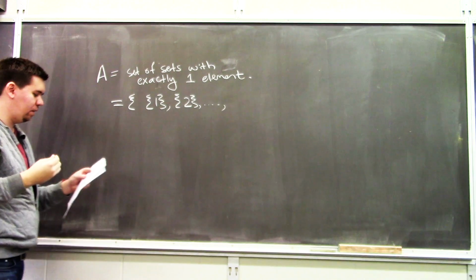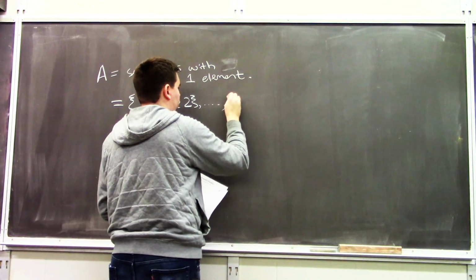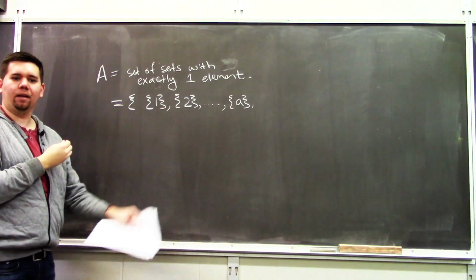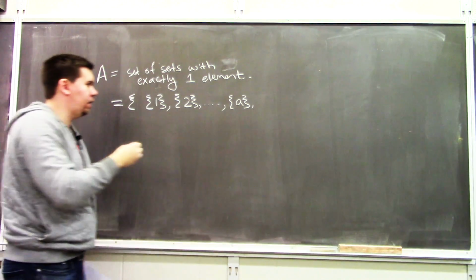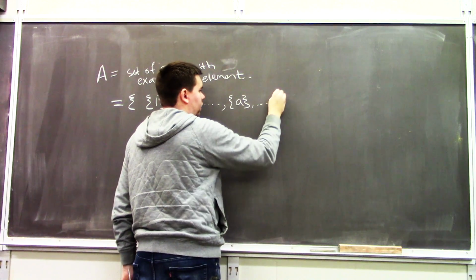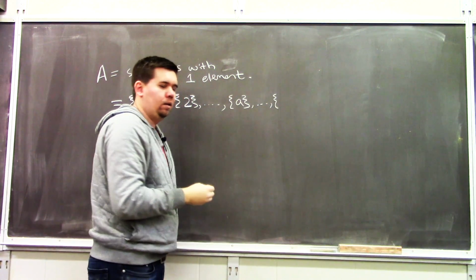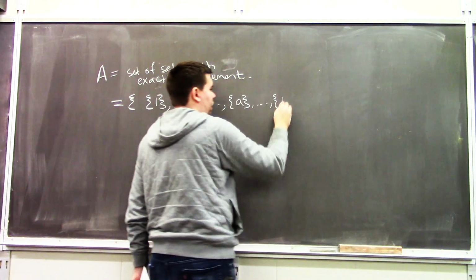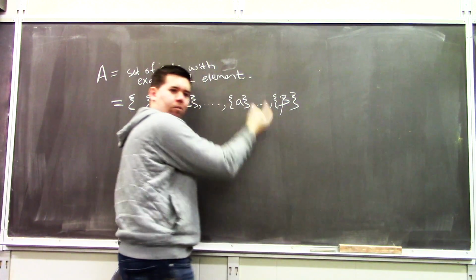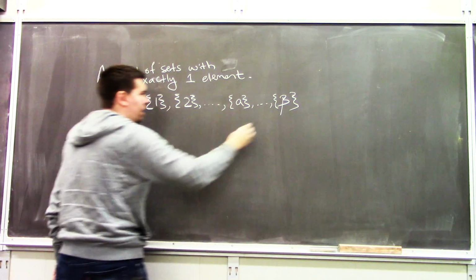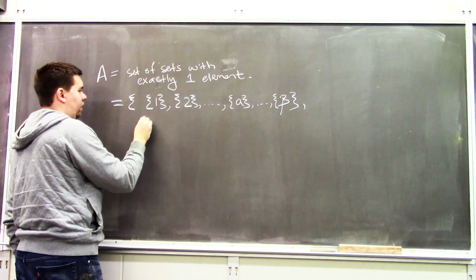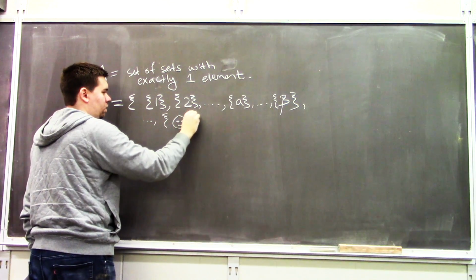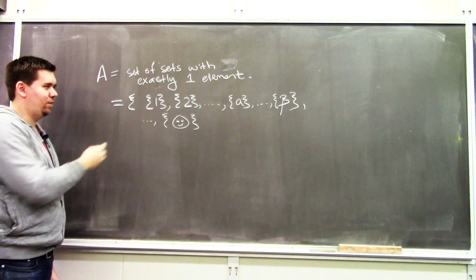But you could also have in there the set with the element A, the little letter A. Or little letter B, or any letter you want. Or beta, the Greek letter beta, whatever, one element. Or you might imagine in there the set with the smiley face emoji. So those are all the things that live in A.